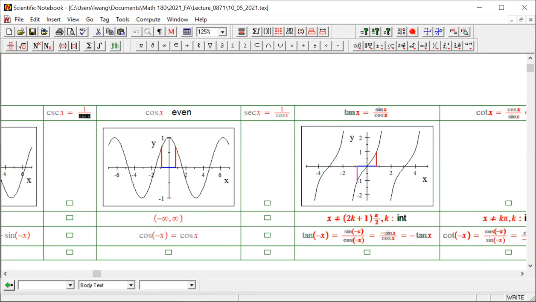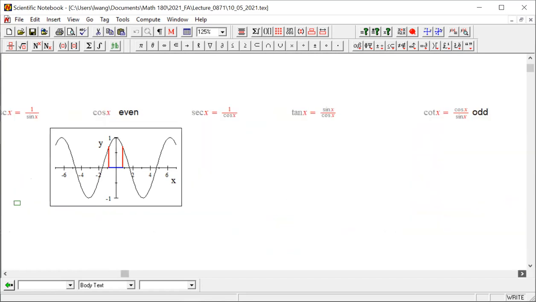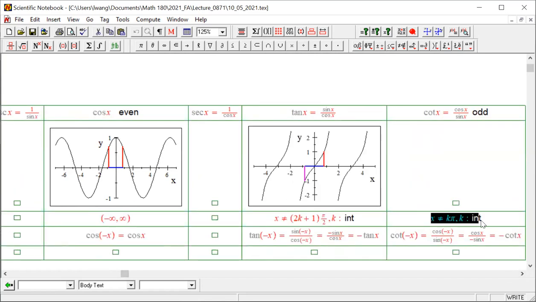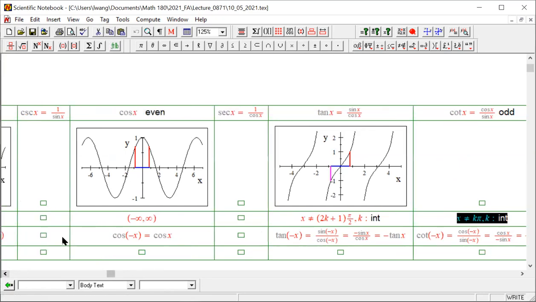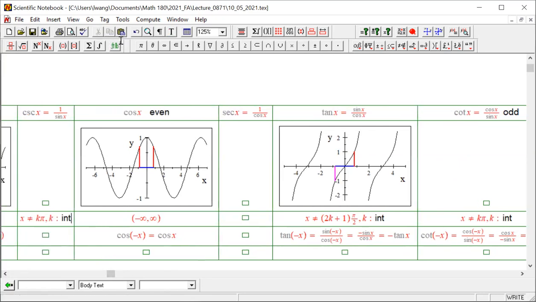The denominator is sine. What else has a denominator of sine? Cotangent. Therefore, the domain of cotangent is the same as cosecant. And this denominator is cosine, therefore the domain is the same as tangent.